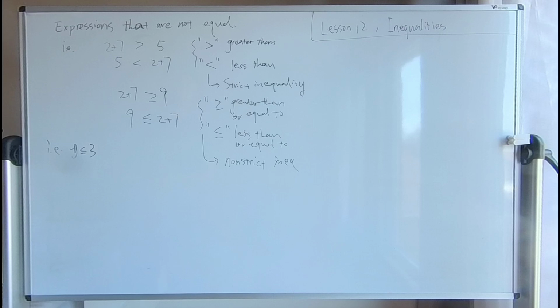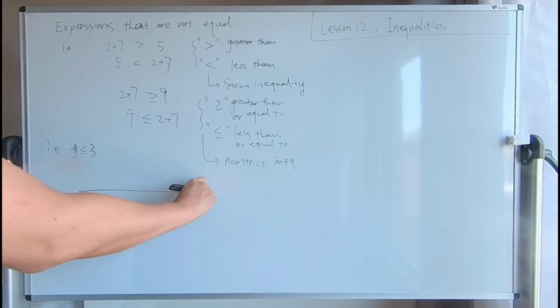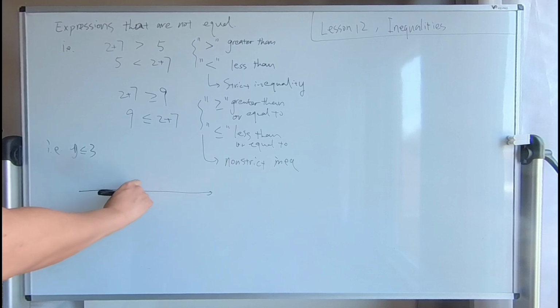So this is an inequality. I can still try to solve or look for the value of y from here. It's just that I don't have one unique solution. Unlike an equation, where you usually solve for a unique solution, here you will solve for a range of numbers from an inequality. In this very simple example, we can demonstrate this on the number line.